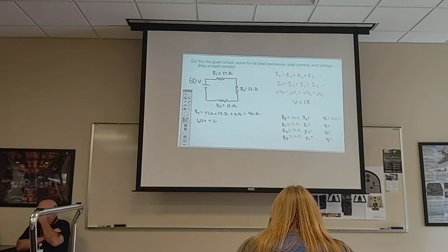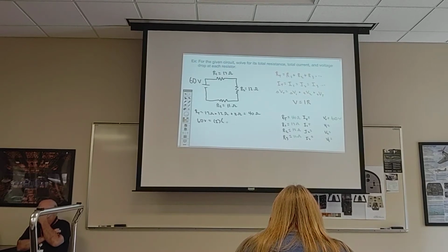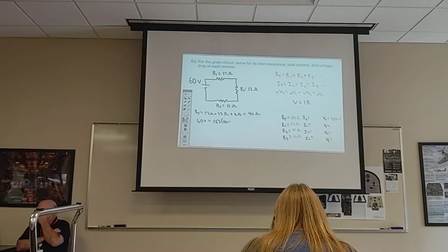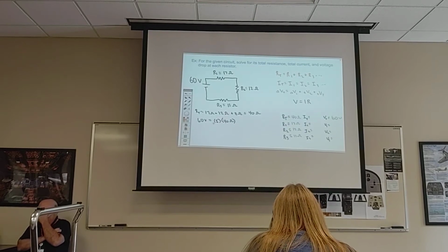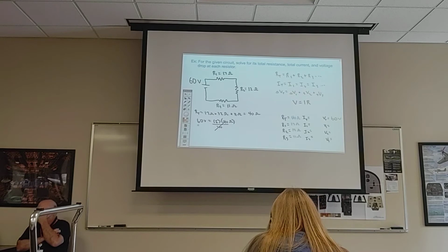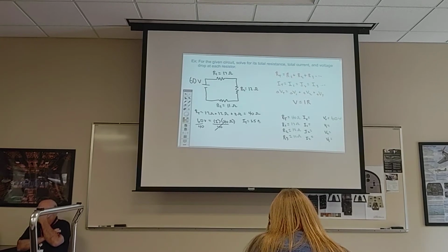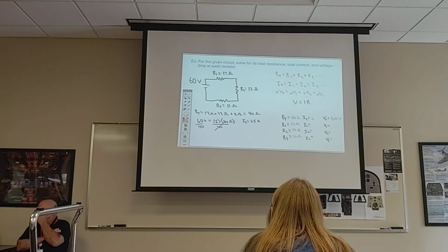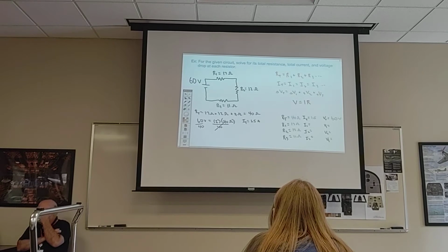That's going to equal our current times our resistance, which is 40 ohms. So to get I by itself, we're going to divide by 40 on both sides. When we do this, our total current is going to equal 1.5 amps. This is valuable information. We can plug that in right here, 1.5 amps.